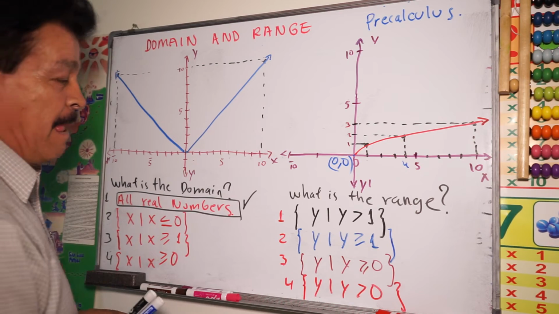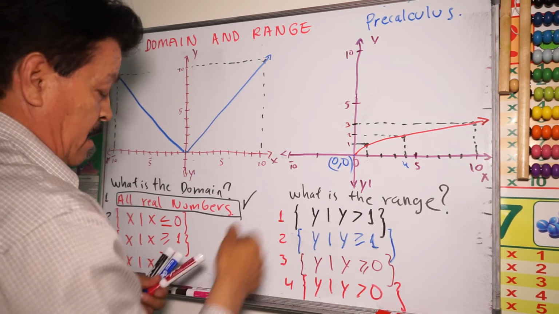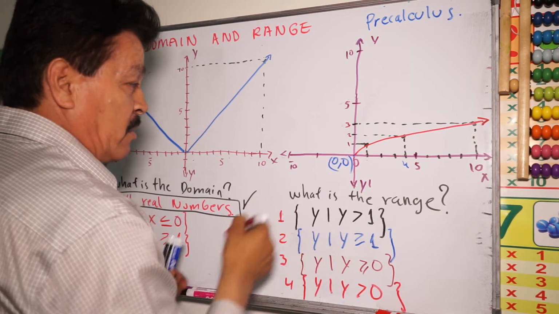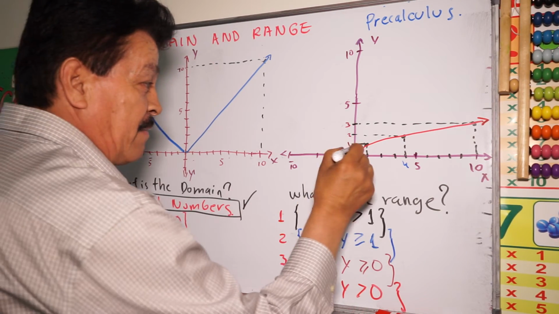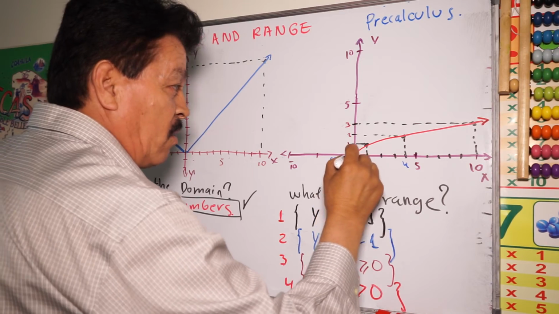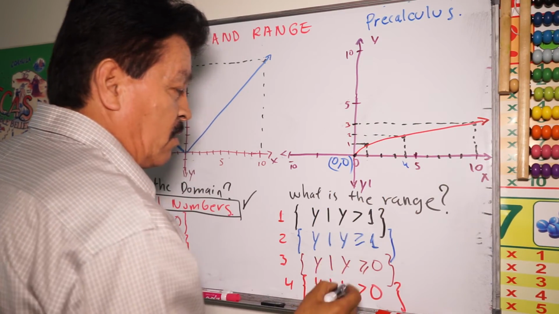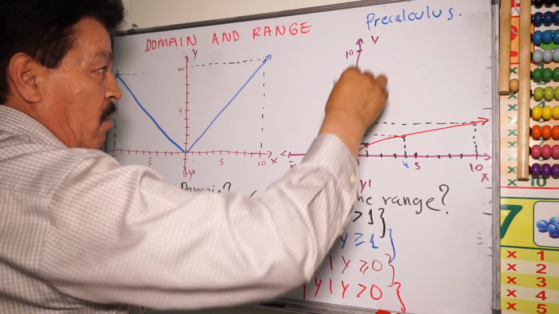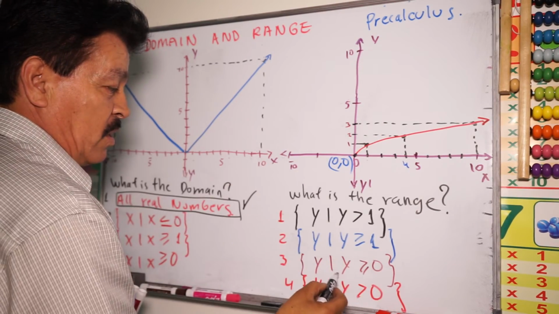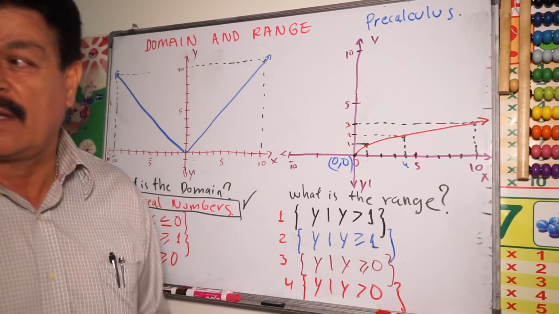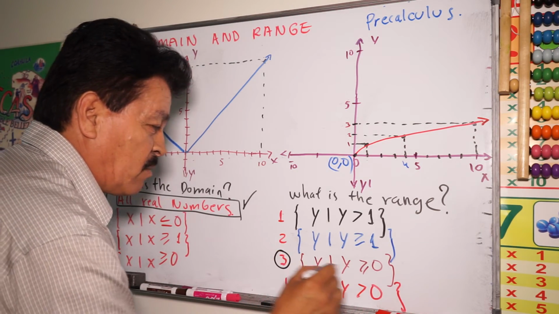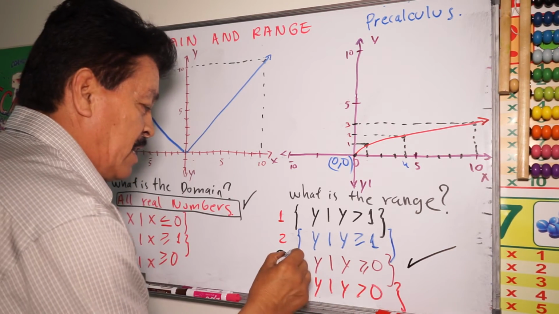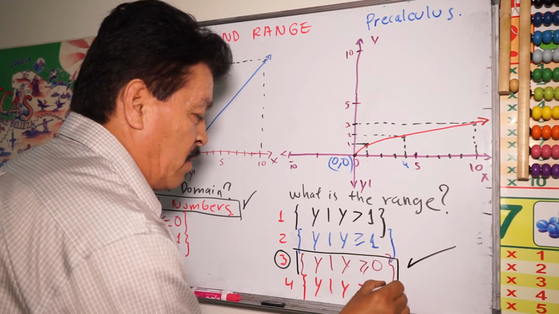Look at this: 0, 0, right? So look at the graph all the way right here. We are talking about all this upper side. So it is the third one. The third one is the right answer, the best one.